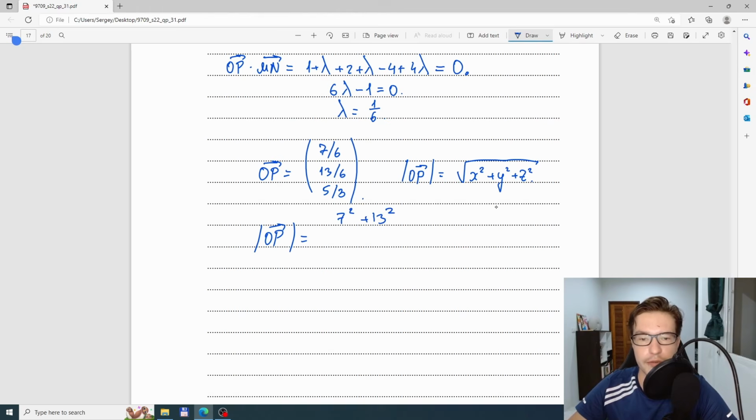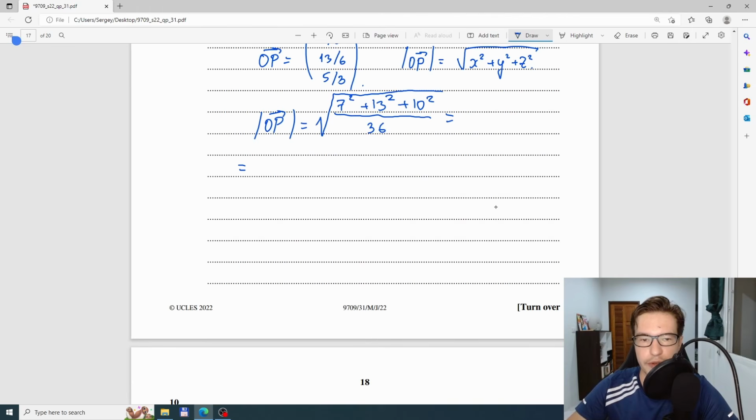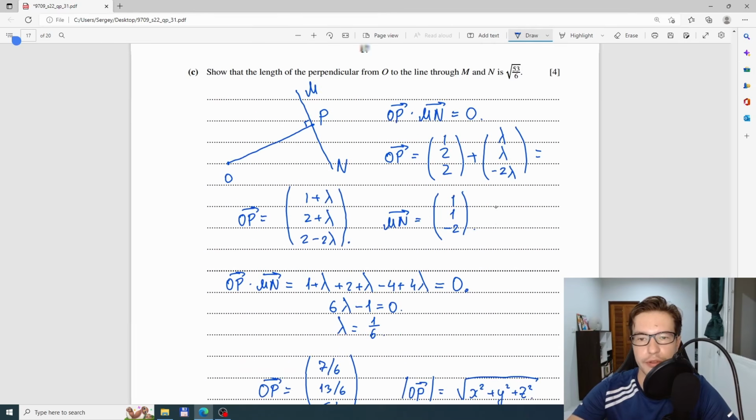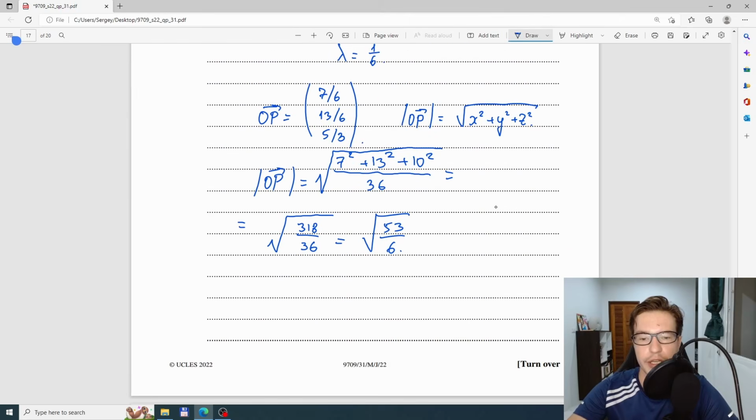Instead of writing 5 over 3 squared, I think about it as 10 over 6, so I get plus 10 squared over 6 squared, which is 36, and don't forget the square root. Simplify that, and we'll get the square root of 318 over 36, or if we simplify it, it's going to be the square root of 53 over 6. Let's have a look. Yes, that's exactly what we had to show.